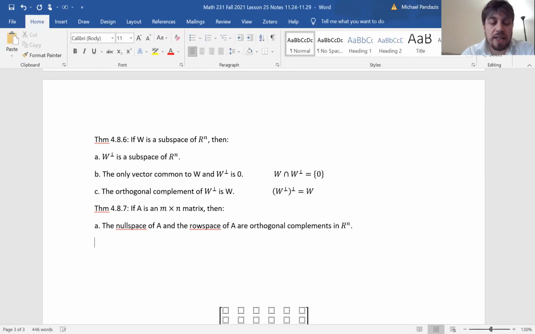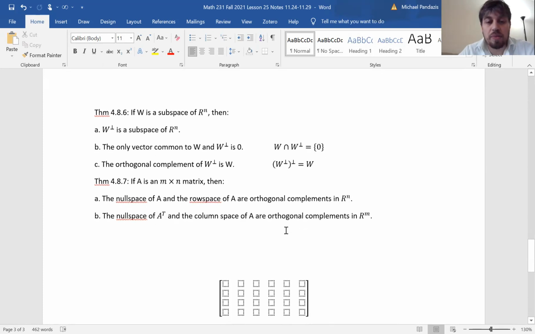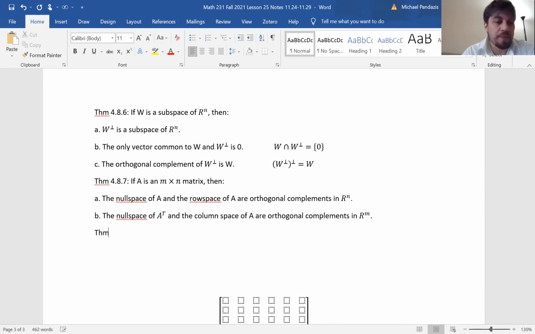So the null space of A and the row space of A are orthogonal complements in Rn. The null space of A transpose and the column space of A are orthogonal complements in Rm. Okay, so remember A is an m by n matrix. M is the number of rows of A. So the null space of A transpose and the column space of A are orthogonal complements in Rm. Part B of that theorem.